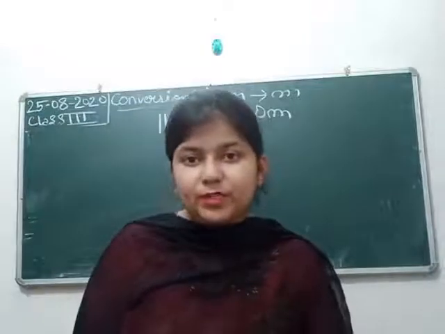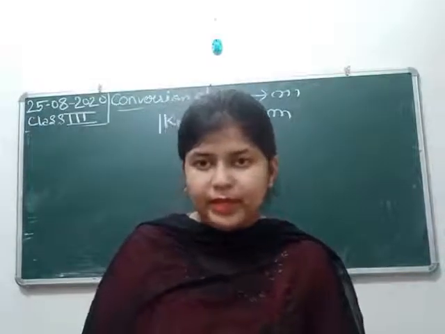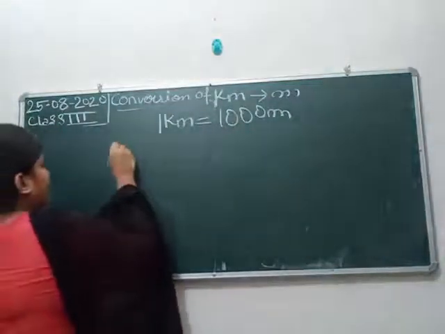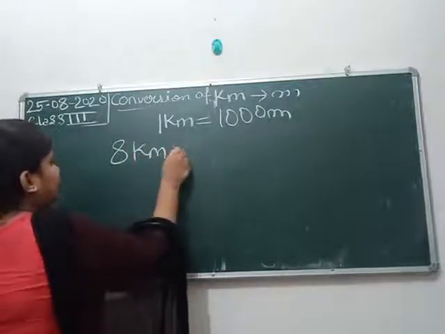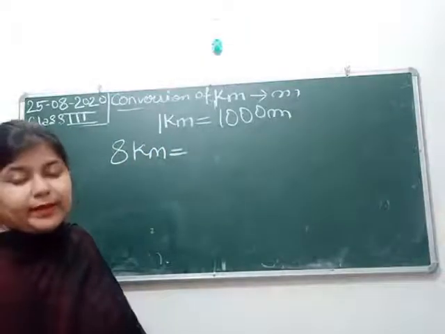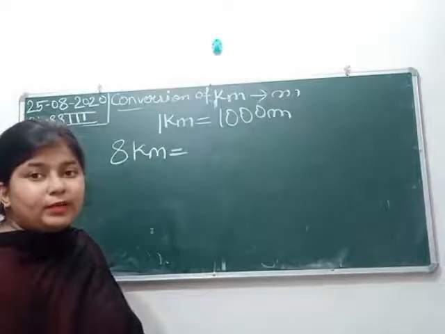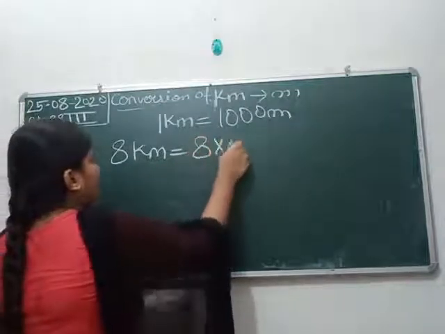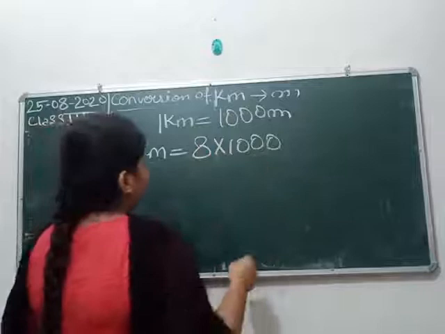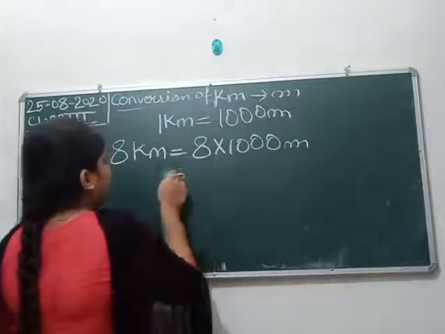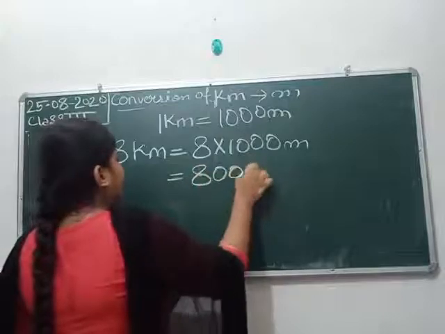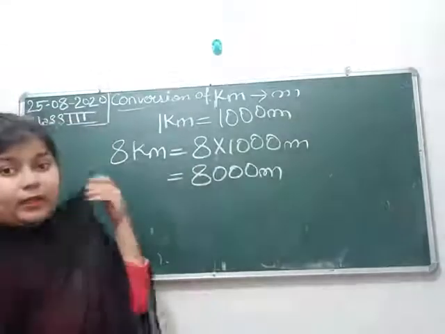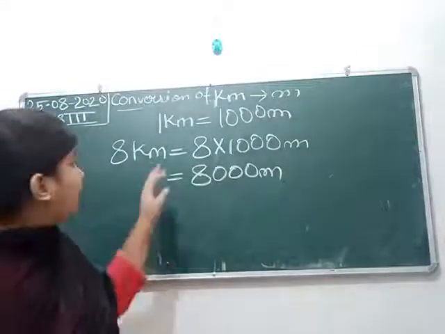So if 1 kilometer equals 1000 meter, then 8 kilometer is equal to 8 into 1000 meter, and it will give us 8000 meter.